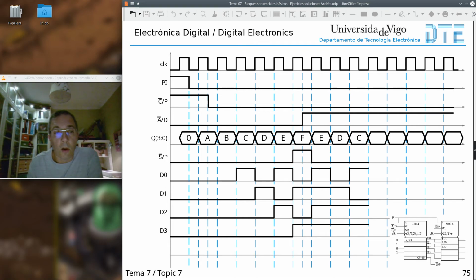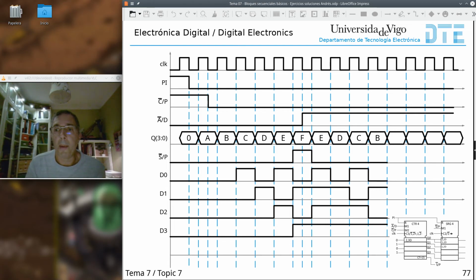And D0 that was 0 was propagated to D1, and D1 that was 1 was propagated to D2, and D2 that was 1 was also propagated to D3. When the next rising edge arrives, we are going to B, and the SP signal is 0, right?